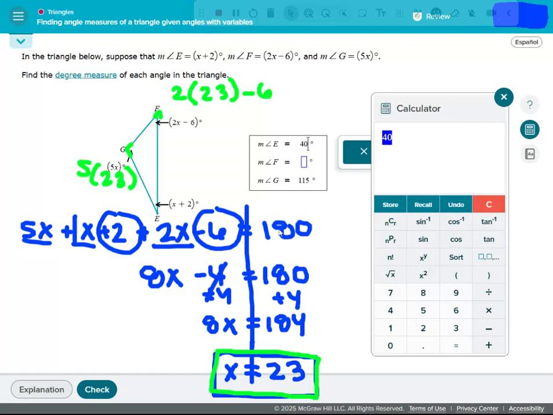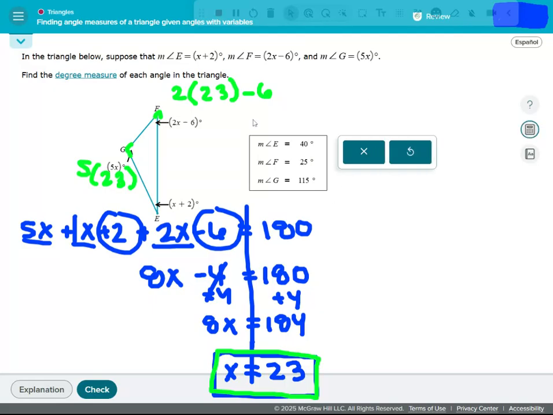And then because they all add up to equal 180, we could just do 40 plus 115 minus 180, which should give us 25, because they're all going to add up to equal 180.